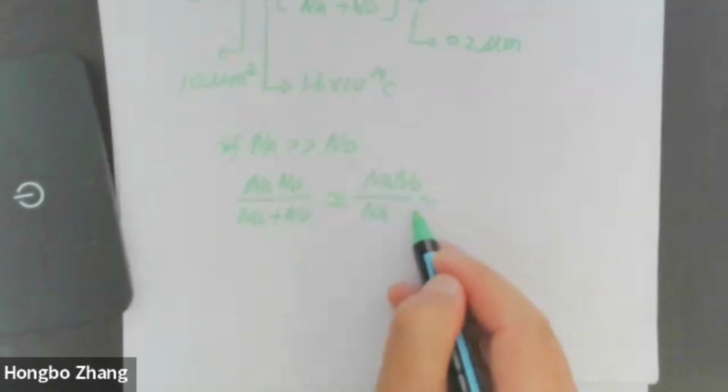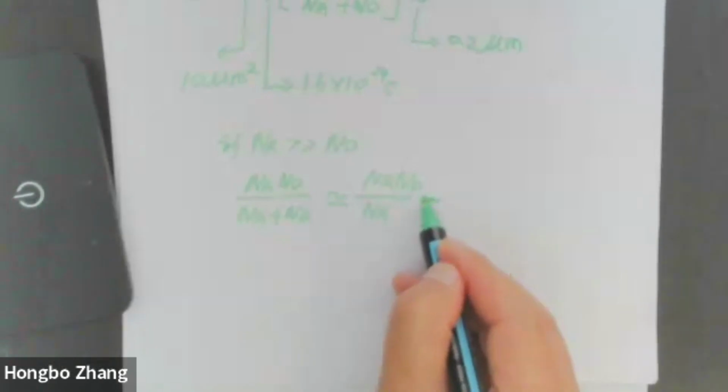Therefore, this is not approximate, it's equal. Equal to what? Just ND. Perfect.